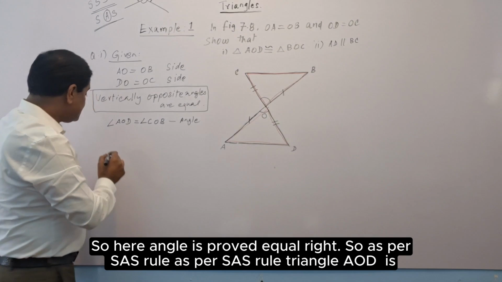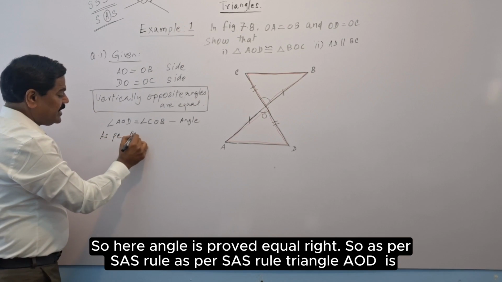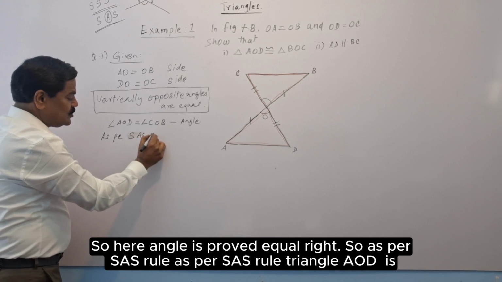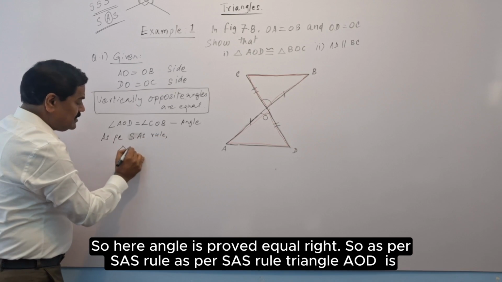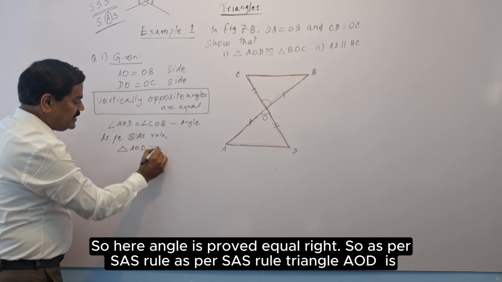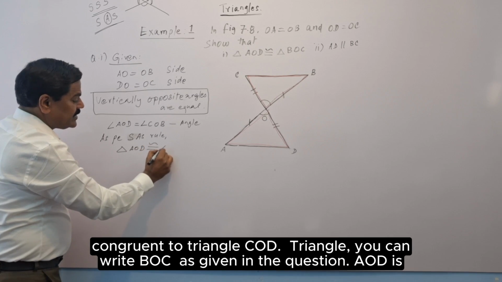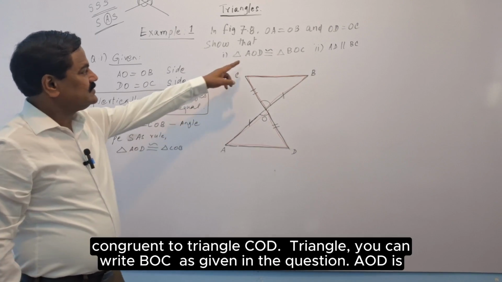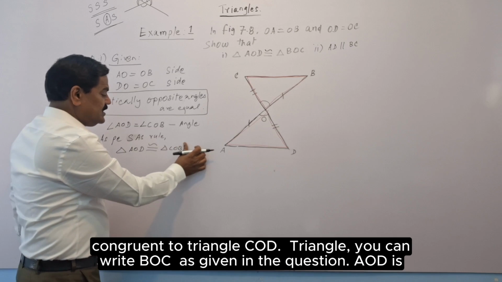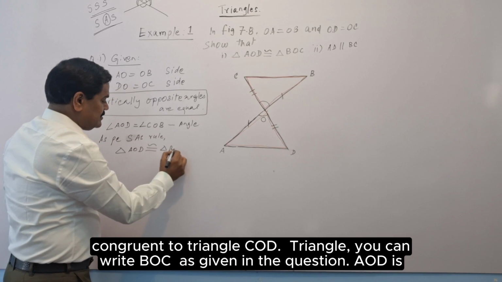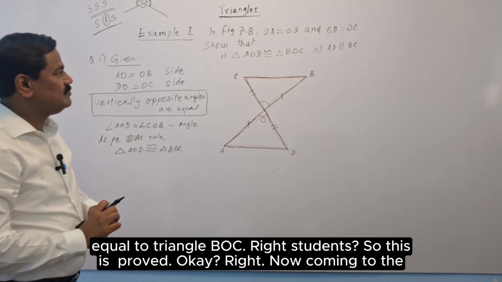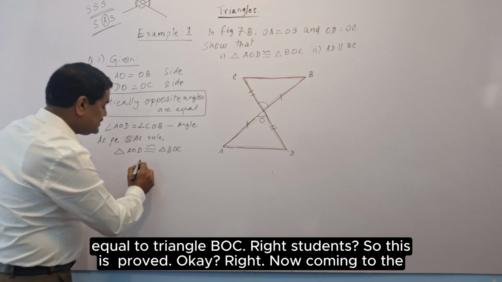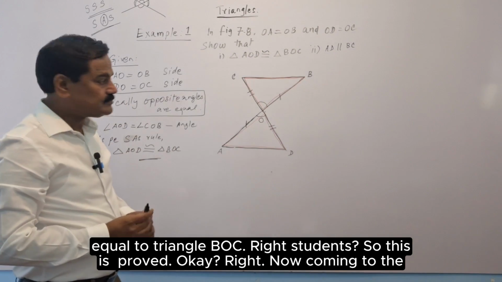So as per the SAS rule, triangle AOD is congruent to triangle COB. You can write BOC as given in the question: triangle AOD is congruent to triangle BOC. So this is proved.